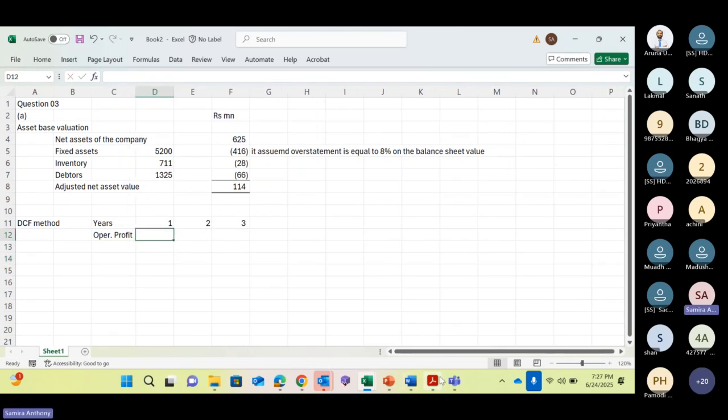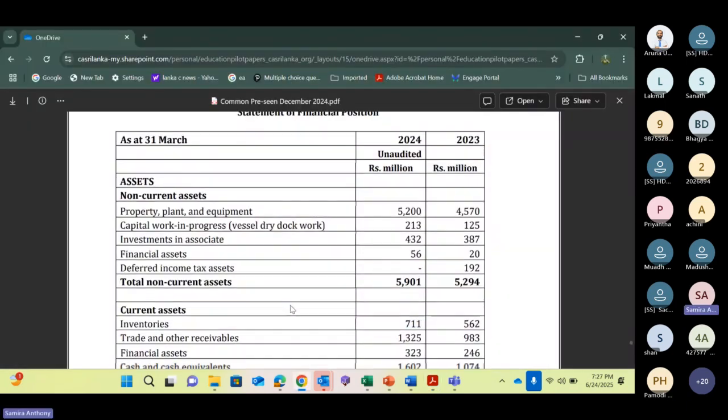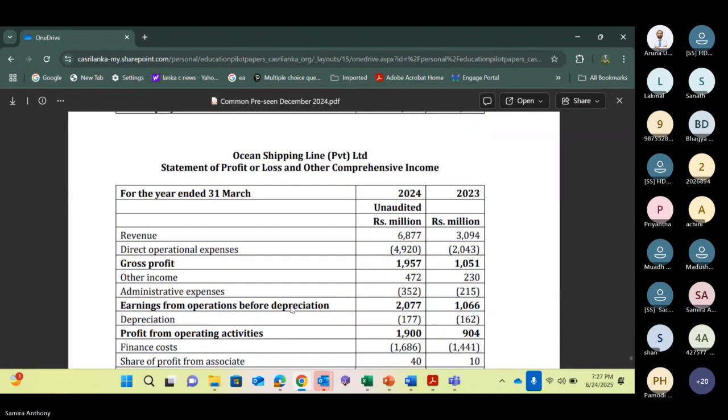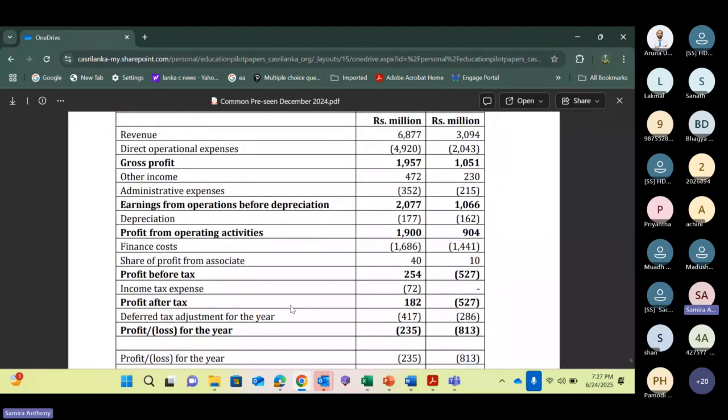Operating profit you can take here. Now it is assumed that it will increase by 5% per annum, right? Here they gave you the current P&L. As per the current P&L, earnings from operations before depreciation. They gave you before depreciation, that is more than enough because no need to add back depreciation. No need to take the depreciation because it is not a cash outflow.